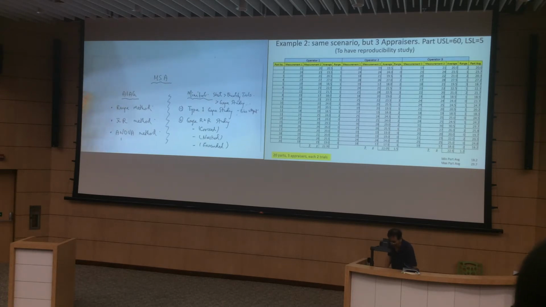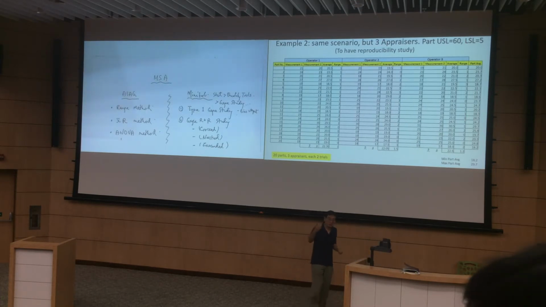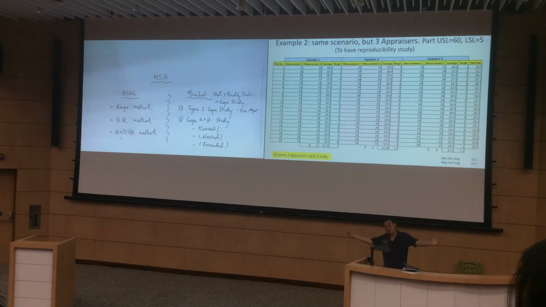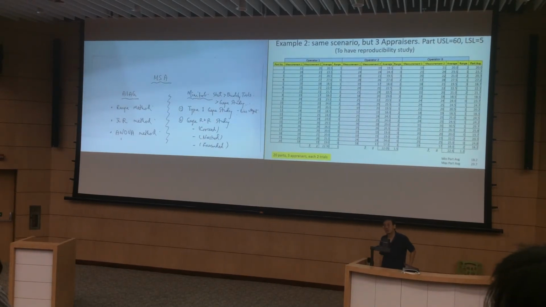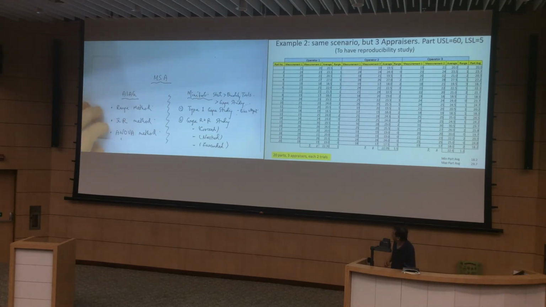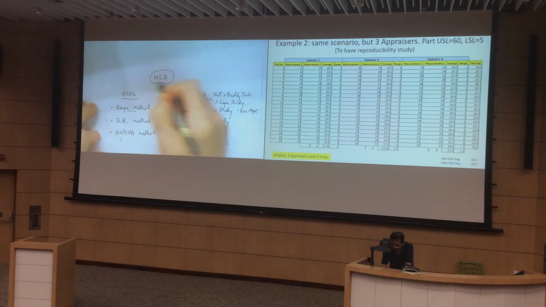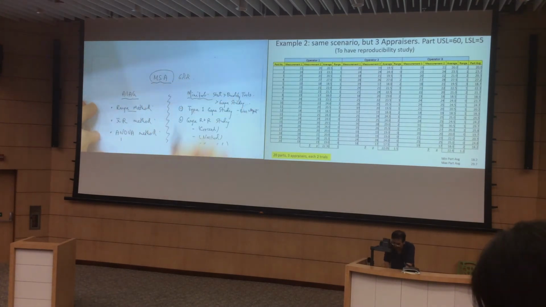This technique came out later, publicized by AIAG, the Automotive Industry Action Group. They published a series of manuals to standardize the measurement because they have a lot of people doing it in the industry. So the simplest method they do is the MSA, they call it GR&R as well, gauge study.